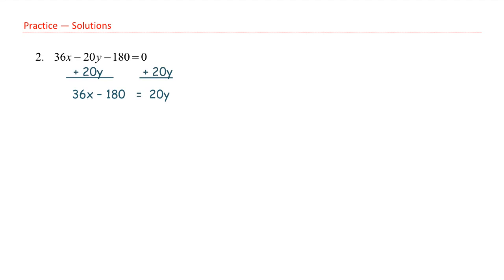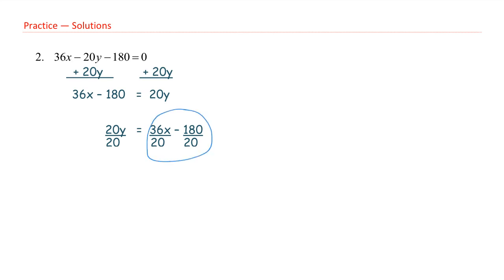And then because of the symmetry of equations, we can just rewrite this so the term containing y is on the left. So now I've got 20y equals 36x minus 180. Now, to finish solving, we're going to divide both sides by 20. And notice what I did here. I didn't write one big fraction.